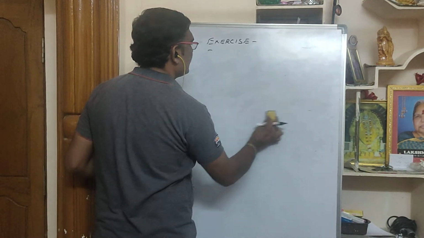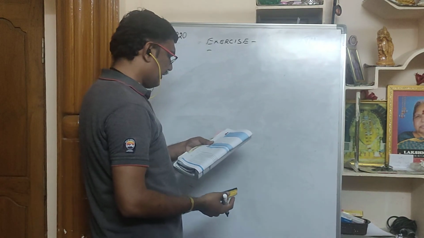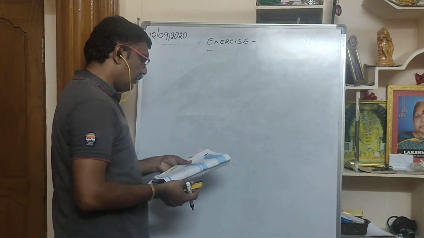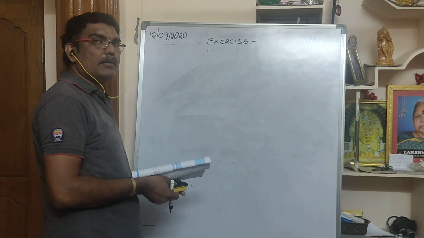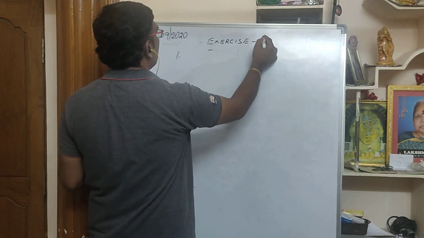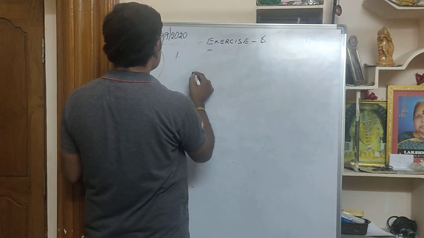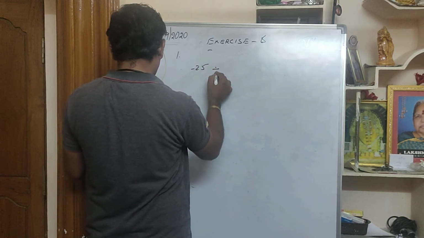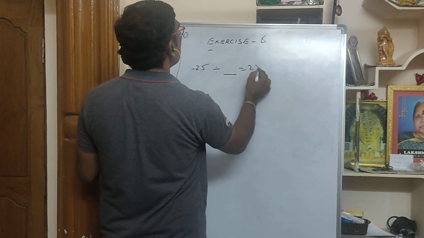What is this exercise number 6? We'll see it here. The question given: fill in the following blanks. What is the first question in this exercise number 6? First question is minus 25 divided by dash is equal to 25.